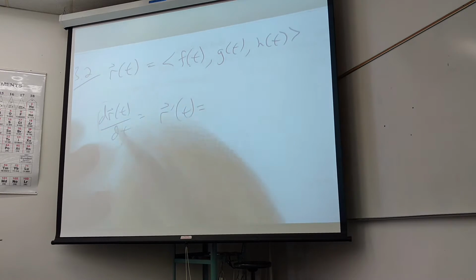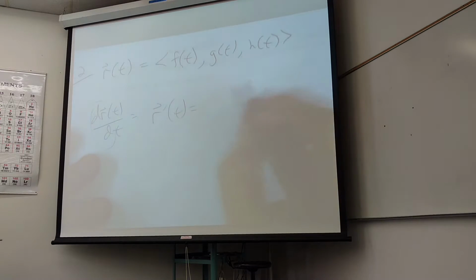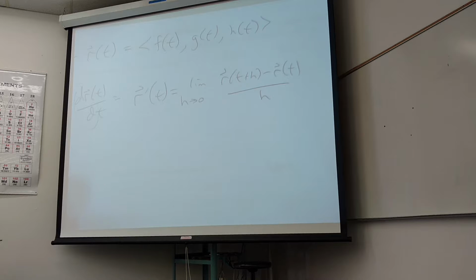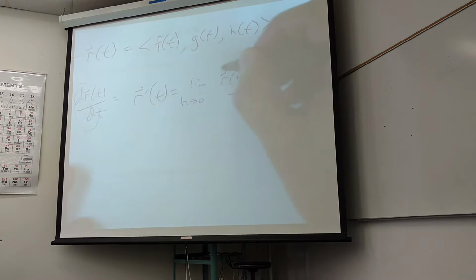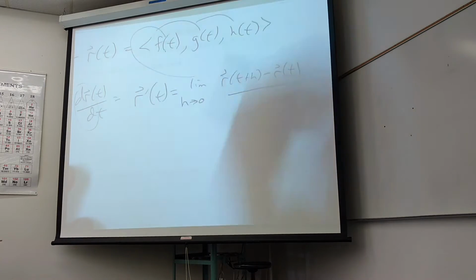Just to remind you that you can have the d by dt notation. So this would be the limit as h goes to 0 of r of t plus h minus r of t over h. Ooh, that's awesome. But thankfully, I'm not going to put you through everything you went through in 180, because I would just take this idea and it would distribute through to each one of those.